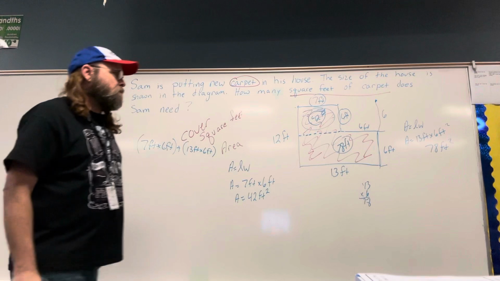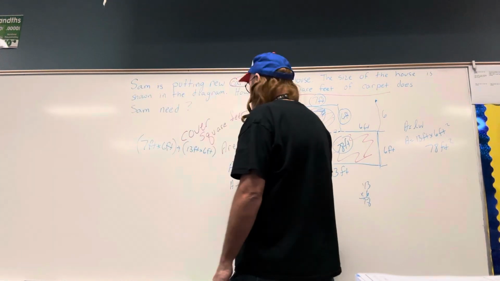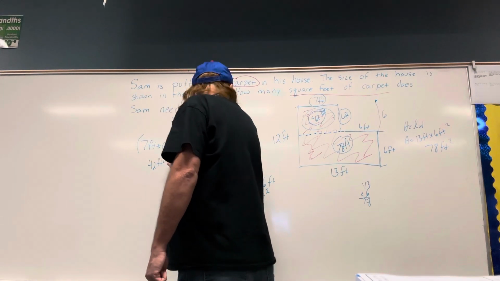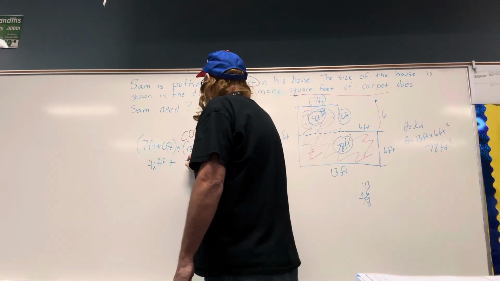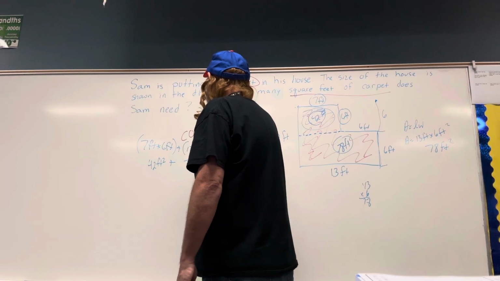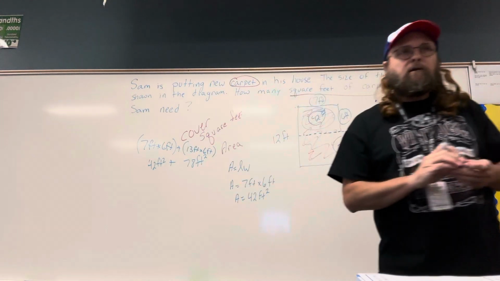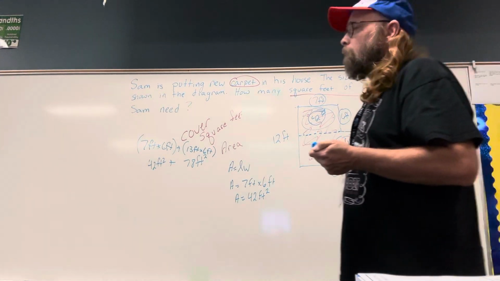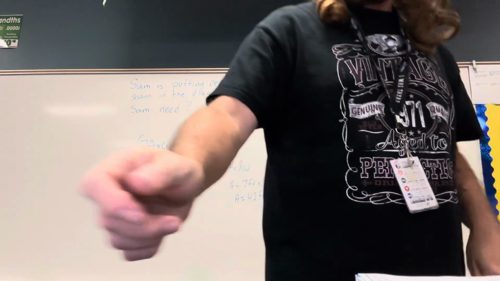And that should give us our total area, because we would have 42 feet squared plus 78 feet squared. Whatever that is would be the total area as long as we've done everything else correctly.